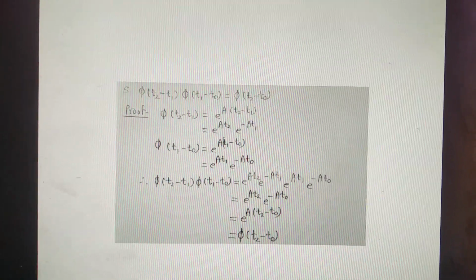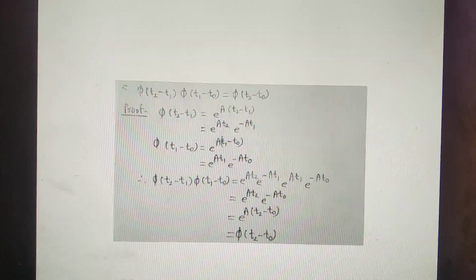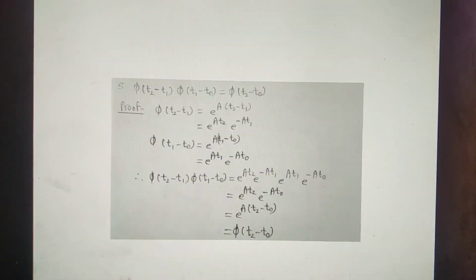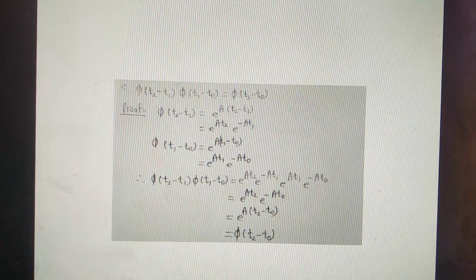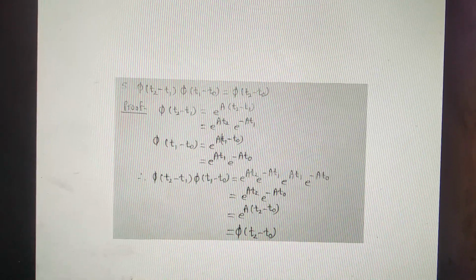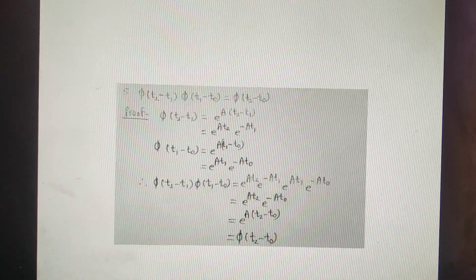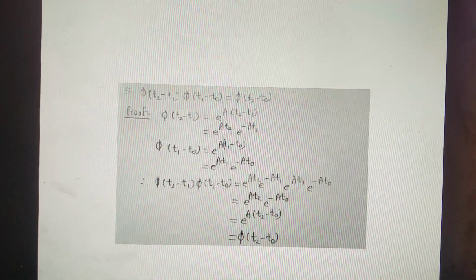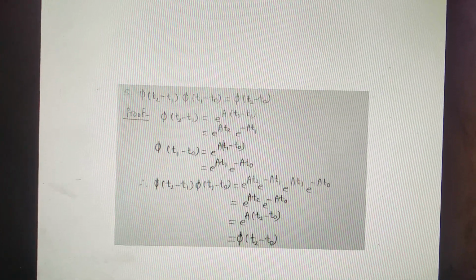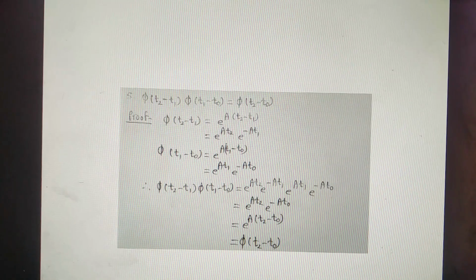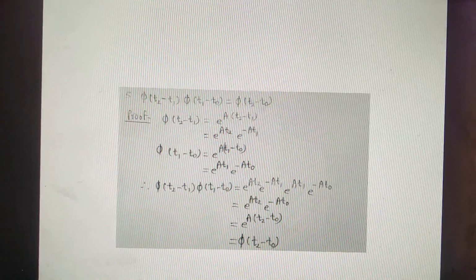Similarly, phi of t1 minus t0 will become e raised to at1 into e raised to minus at0. Phi of t2 minus t1 into phi of t1 minus t0 is equal to, substitute as we have seen, the values of phi of t2 minus t1 and phi of t1 minus t0.